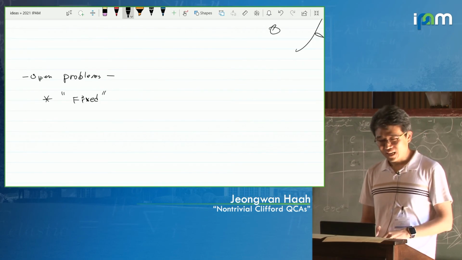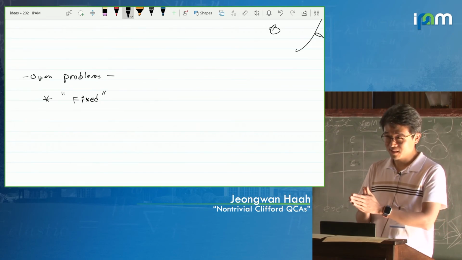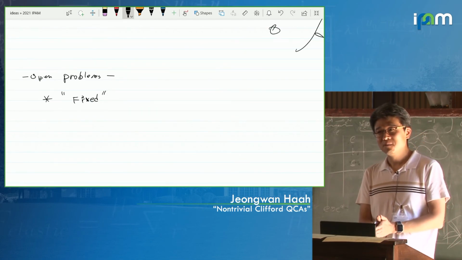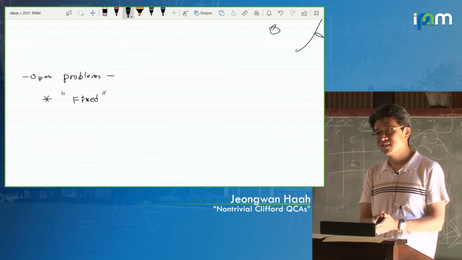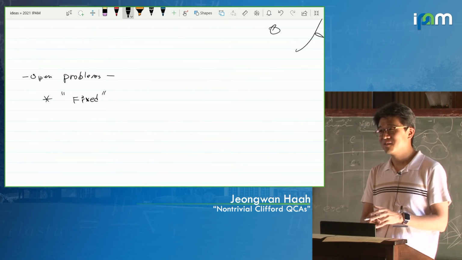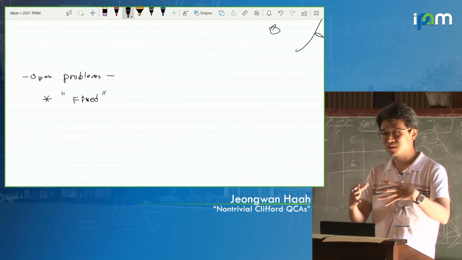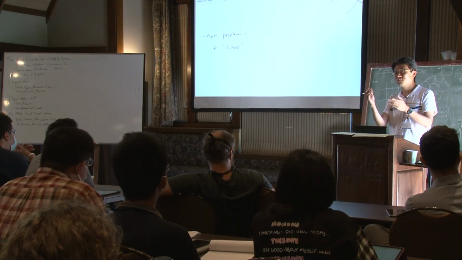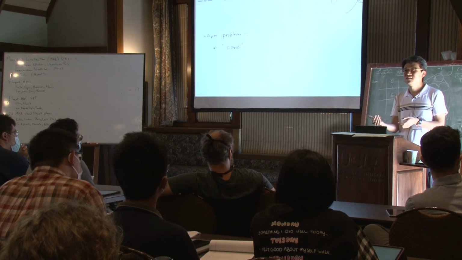I introduced the anti-Hermitian form in the special case of Clifford QCA, but even that matrix is not fixed. There is an ambiguity in how you interpret the translation unit cell. And according to that interpretation, your very matrix form changes.